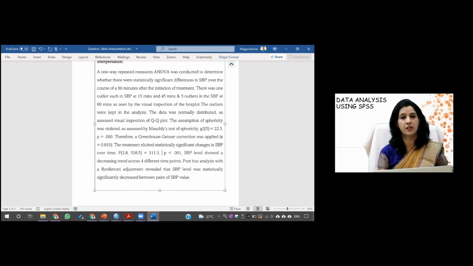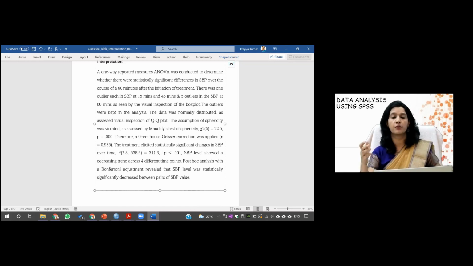It is also used a lot in anesthesia studies, where you measure the pain score and see the analgesic effect of an anesthetic drug.